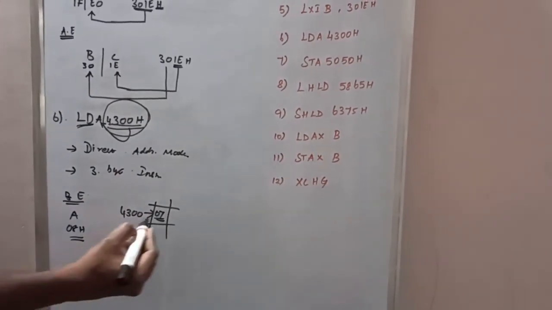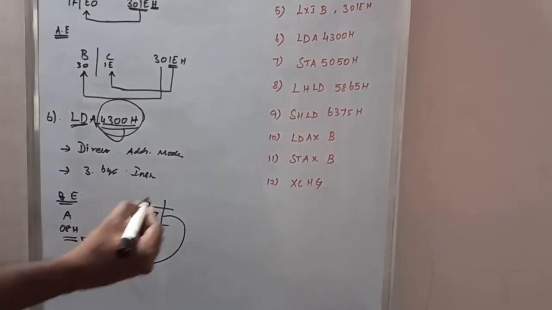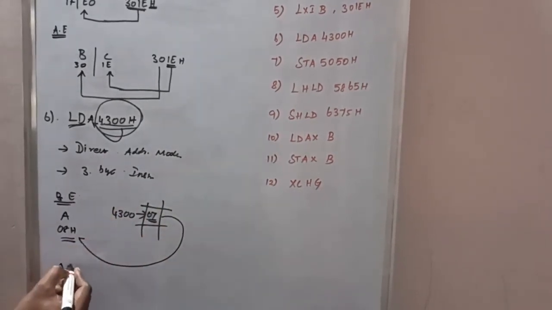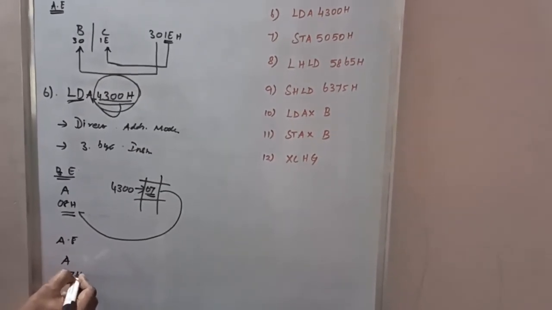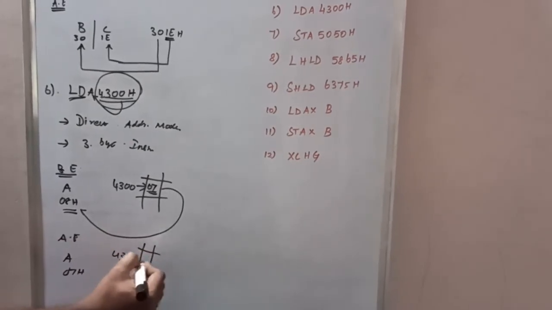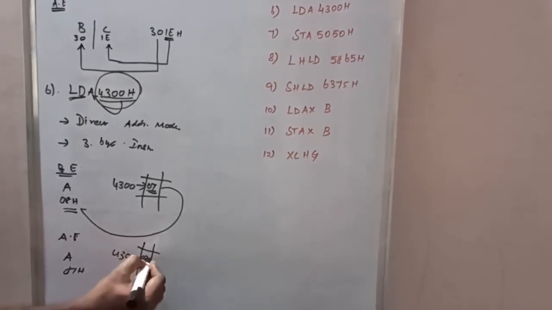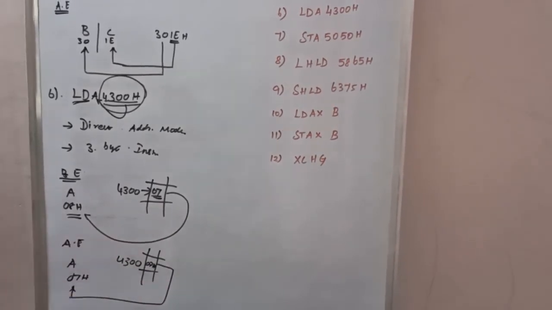After execution, 07 is transferred to the accumulator. So after execution of this instruction, A value is 07H, and the memory location maintains the same value 07H.